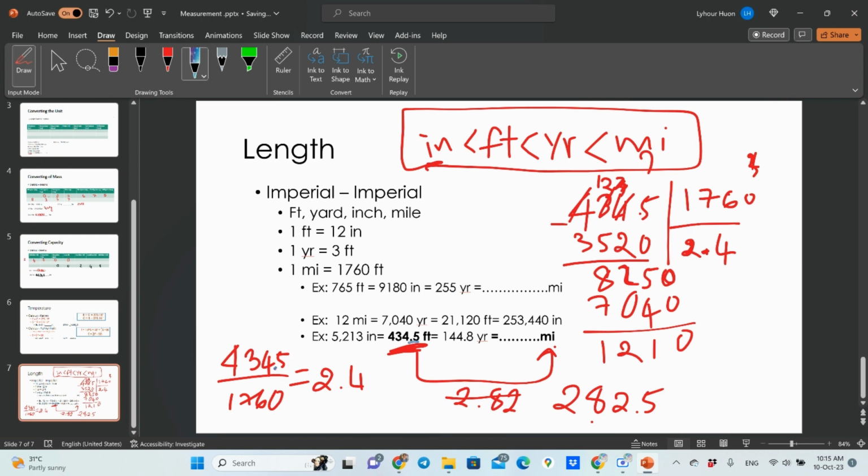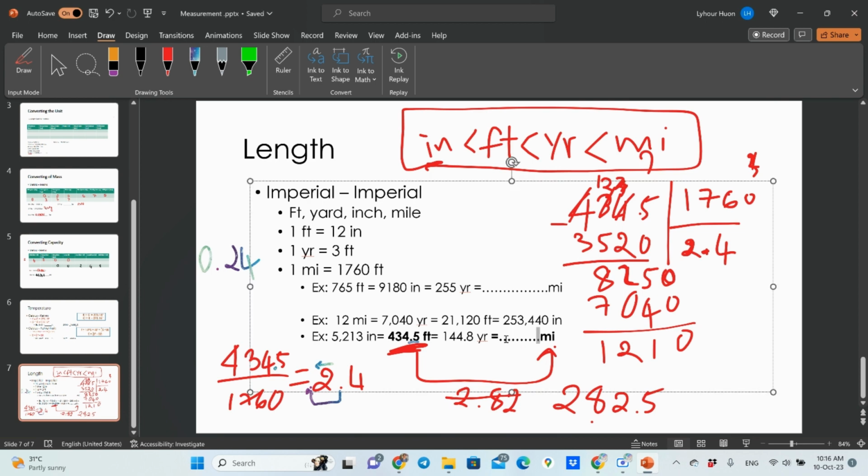In order to have this, we shift to the left by one digit, so the decimal here becomes here. So it becomes 0.24. It means 0.24 miles. This is the answer.